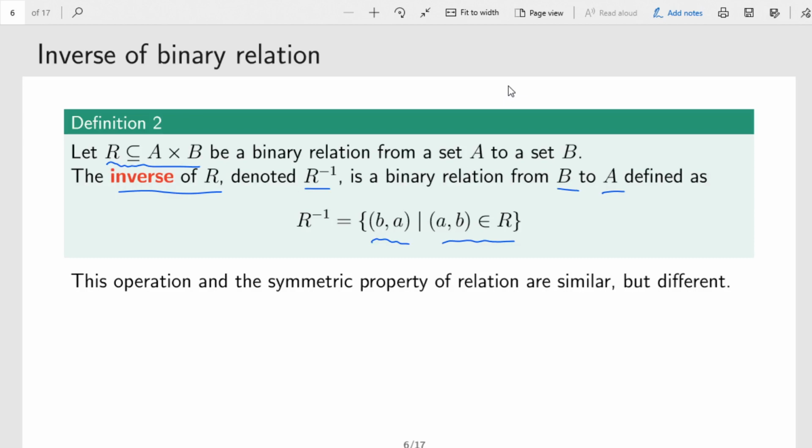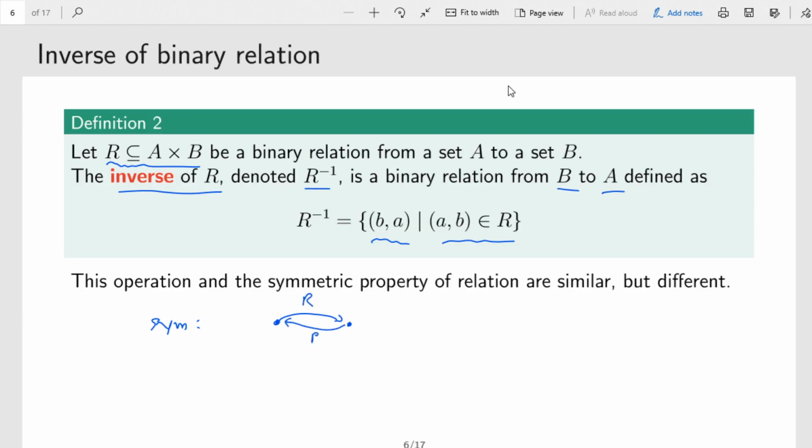To see the difference, let me just draw a few pictures here. In the symmetric property, if you have a relation here like that, then this is R, then the opposite must also hold.